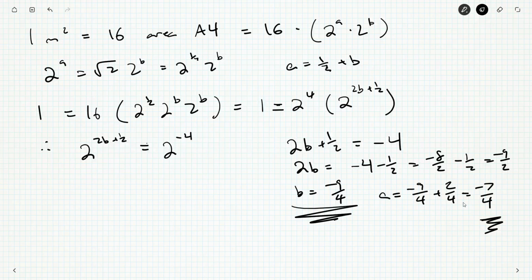Now I wonder, again, I'm going to bust out the calculator, not to do anything with the question. Calculators aren't allowed, but if I do 2 to the power of negative 7/4 meters, that is 0.29 meters. Okay, how do I convert from meters?